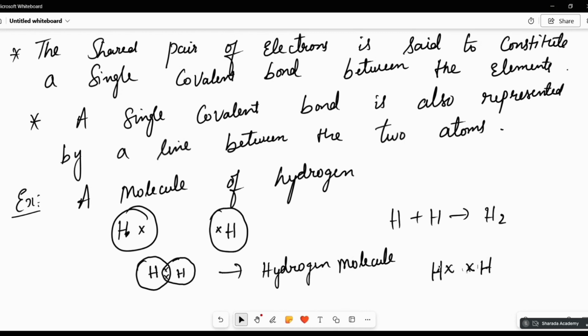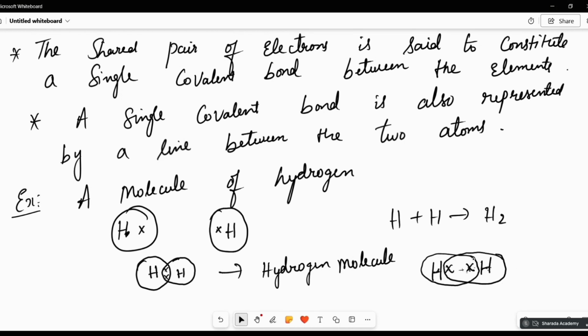If one pair of electrons is shared between the two, we call it a single covalent bond. So we write it like this: for this hydrogen, these are the two electrons revolving around it, and for this hydrogen, these are the two electrons revolving around it.